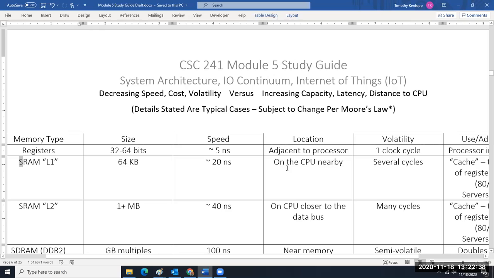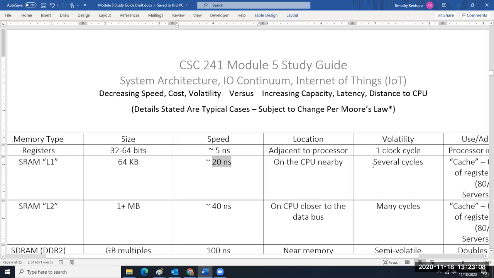That's the register that we're talking about that sits in the CPU. Well, it's additional memory that's closer to the register in the CPU. So you have registers right in there, right? And you have this small amount of memory right next to the arithmetic logic unit. And the speed is about 20 nanoseconds, right? And when it comes to the volatility, in several clock cycles, it's gone.